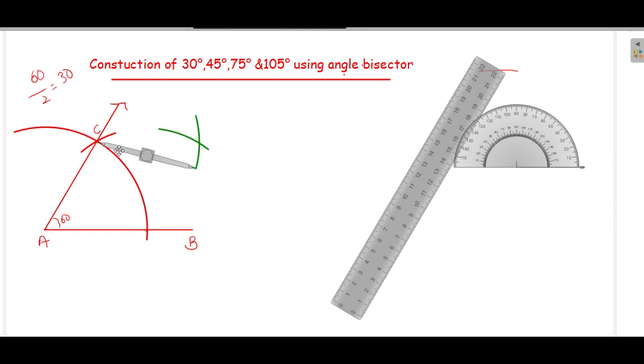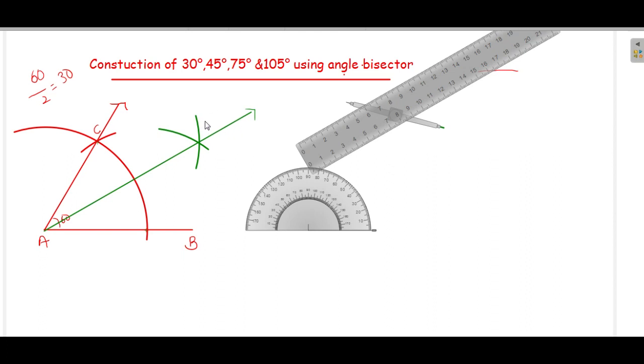So, we got a new point of intersection here. If we join this point of intersection to A, then it will make an angle 30 degrees. Suppose this point is D, then the ray AD is making an angle 30 degrees with AB.